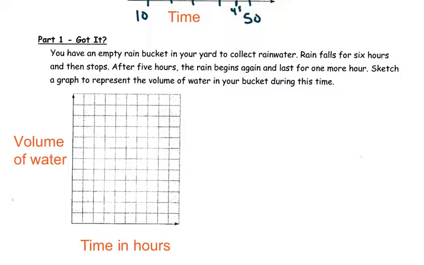Since there are only 10 spaces on my graph, I am going to count by 2's on my scale. So my scale is going to be 2 hours. 2, 4, 6, 8, 10, 12.